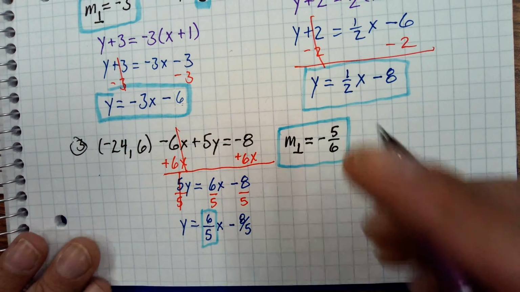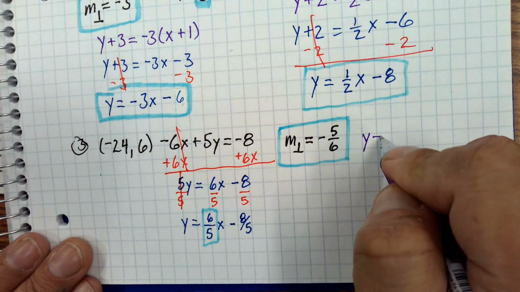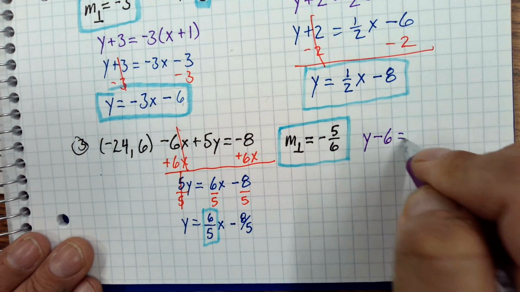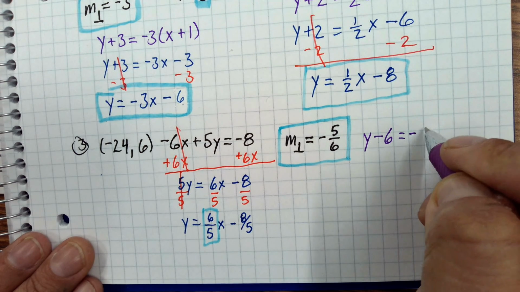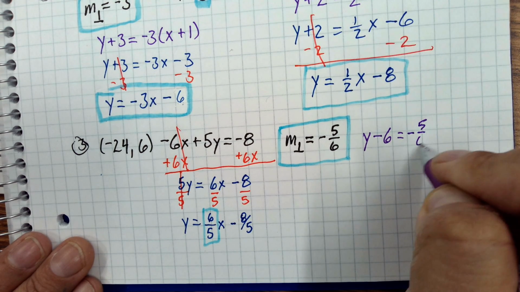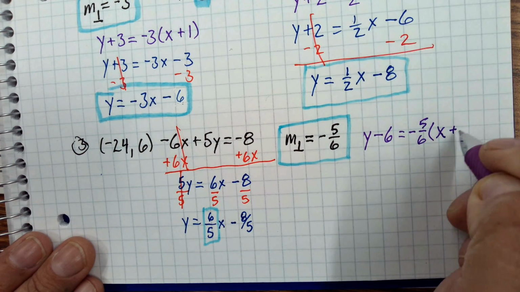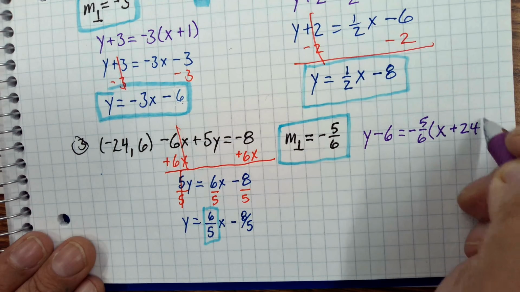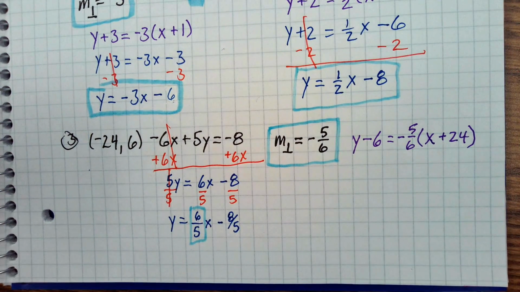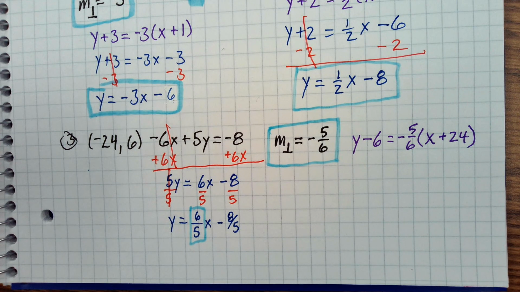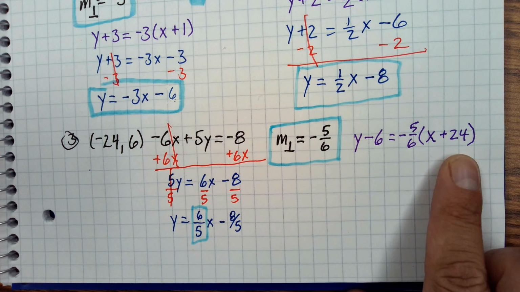What is that going to be? y minus 6 equals negative, wow. This one looks pretty technical. Okay, let's distribute -5/6.